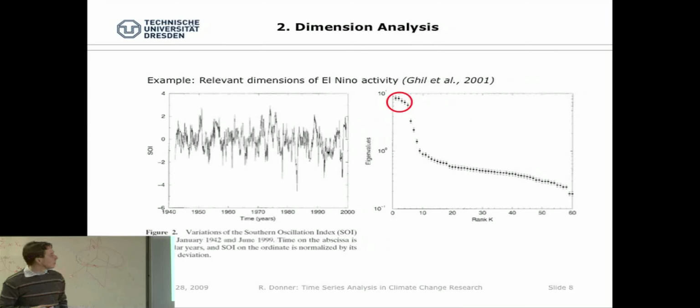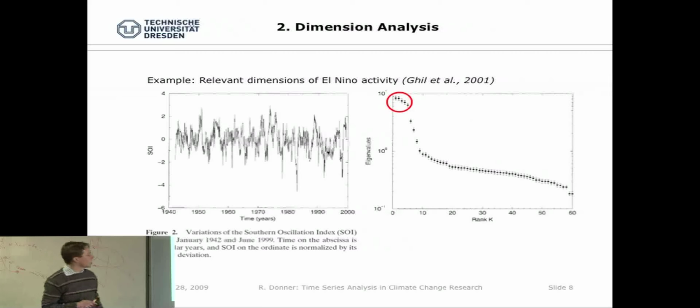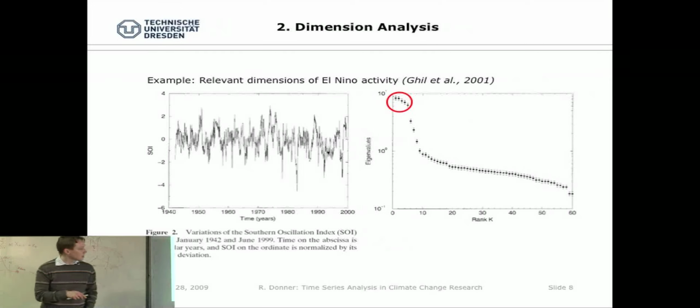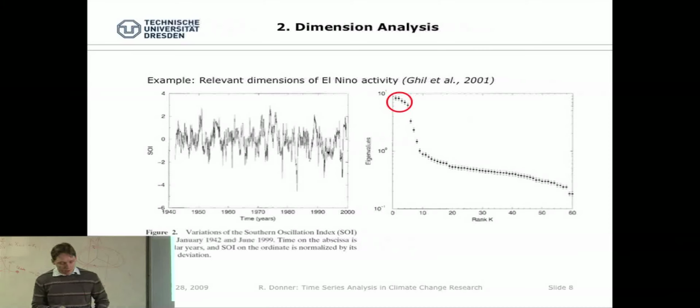Maybe to give you another example on the application of the singular system analysis. You have already seen this time series of the Southern Oscillation Index. It's an index which quantifies pressure variability in the Southern Pacific Ocean, and it's also related to the El Niño phenomenon.